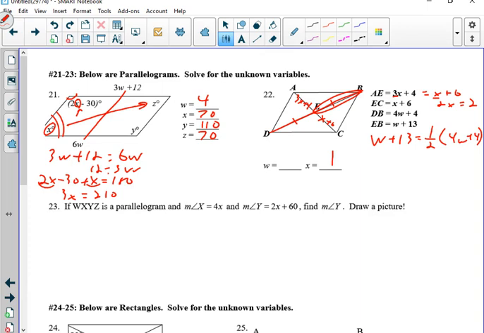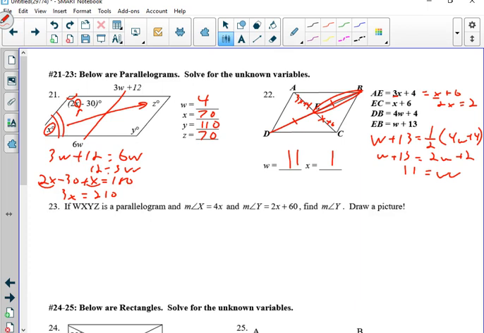Well, a few choices here. If these weren't both even, the 4s, I would not say distribute the 1/2. Just multiply by 2. But you can distribute the half. That's fine. You get w plus 13 equals 2w plus 2. Subtract w, subtract 2, and you get 11. Another way is you could have multiplied both sides by 2.